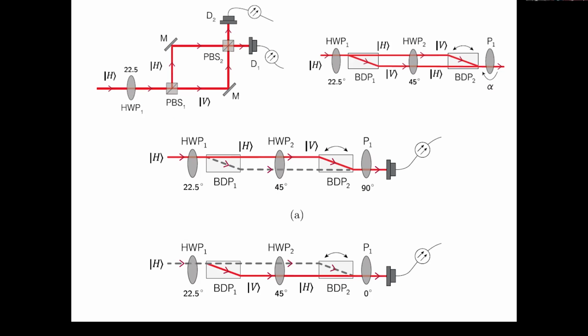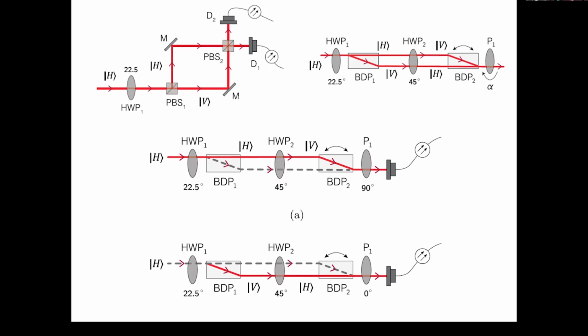Beam displacing prisms are like polarizing beam splitters. In a polarizing beam splitter of this kind, two orthogonal arms exist at the output. Here we do not have two orthogonal arms but two parallel arms, slightly displaced with respect to position. So this is also like a polarizing beam splitter, but of a different kind. It's a beam displacing prism.